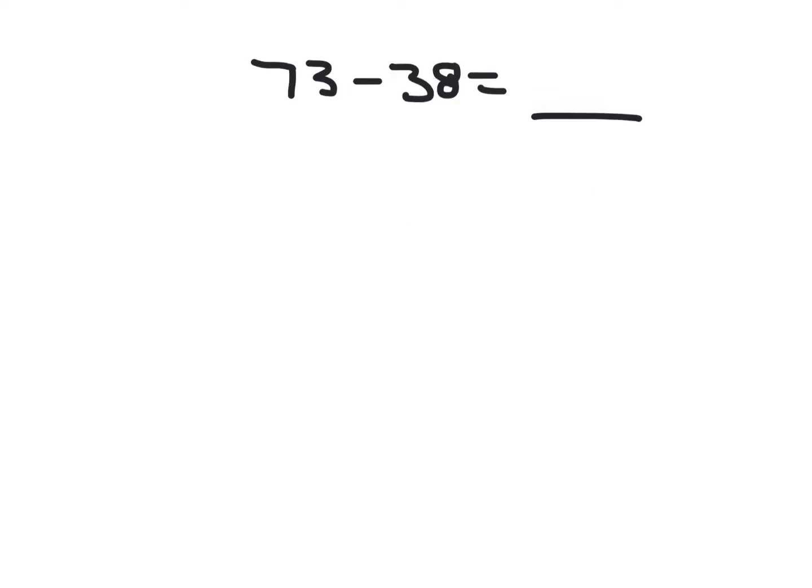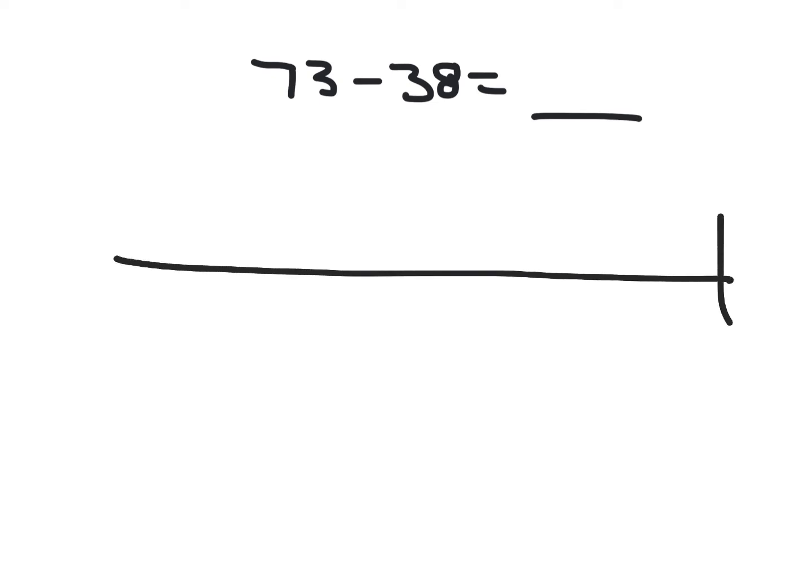Okay, so now in this problem, we're going to solve for 73 subtract 38. We'll make our open number line, and on the right side, we'll write down the number 73. We're going to be jumping back 3 tens and 8 ones.